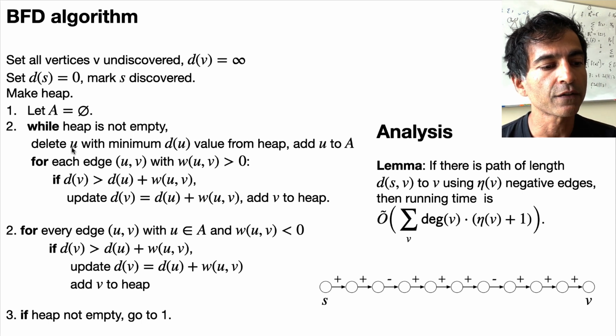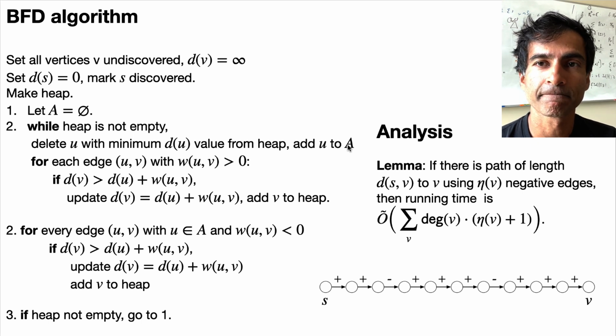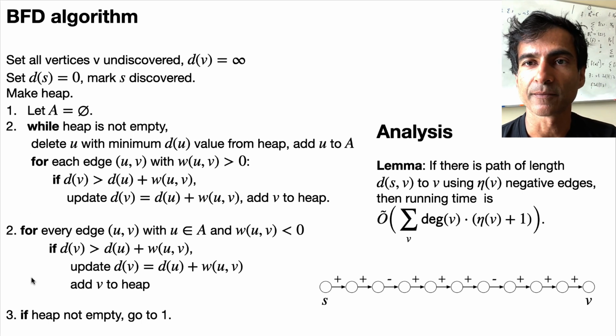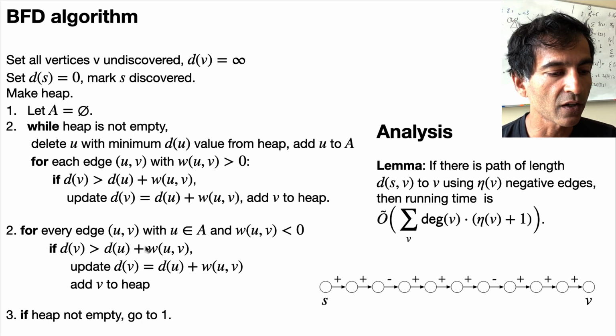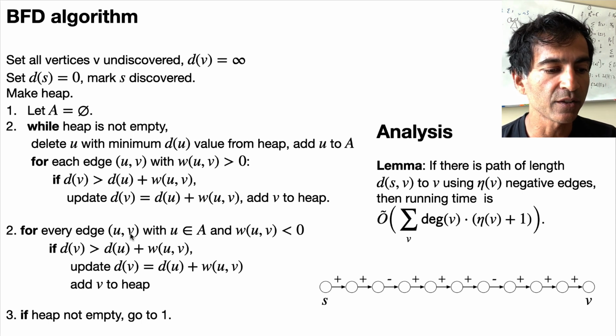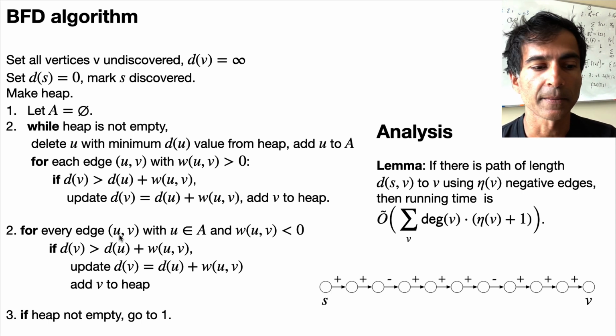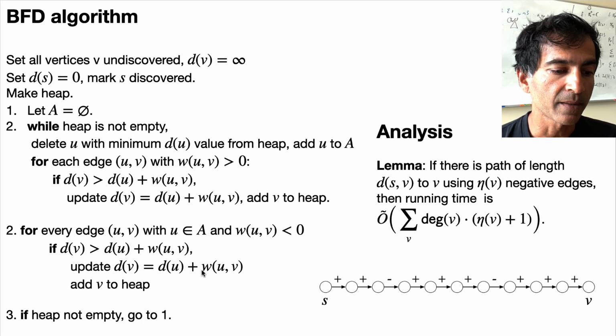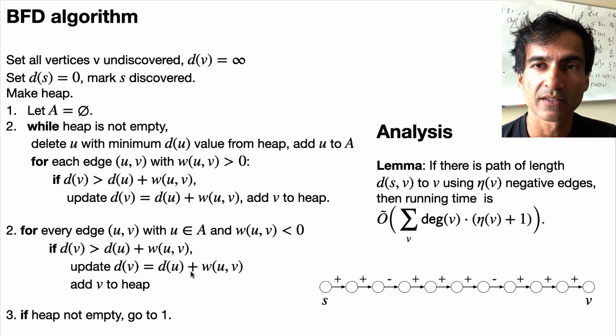But every time you take off a vertex u from the heap, you add u to A. Okay. And then in the second phase, you do something along the lines of Bellman-Ford, where you run over all of the edges coming out of the set A. For every u in A, you run over all the edges coming out of u, and run over all the negative edges and do an update along those edges, just like in Bellman-Ford.